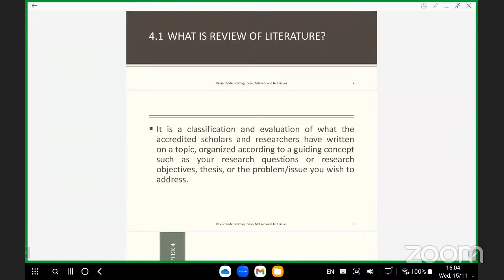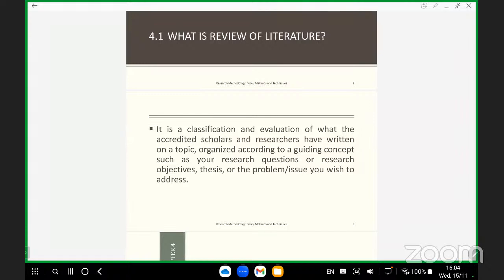Okay. So literature review ini adalah evaluation of what the accredited scholars and researchers have written on the topic. You have to have that in order for these various literature, okay, untuk backup your own writing. And then actually, bila kita cakap tentang research itu adalah the activity that you did when you researching on all the literature that already been done on the said focus of interest. Okay.